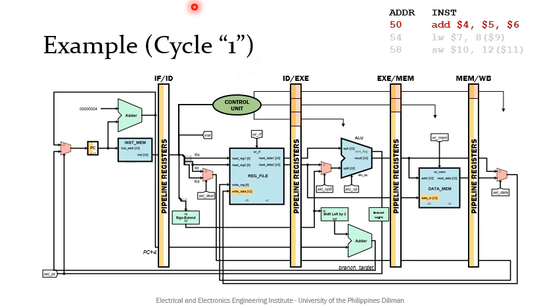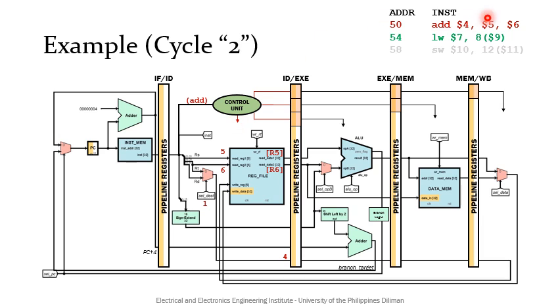At clock cycle 1, the PC starts with 50, and the add instruction is fetched and saved into the IFID register, while the PC is updated with the value of 54. At cycle 2, the add instruction is fed to the control unit and control signals for add are generated.